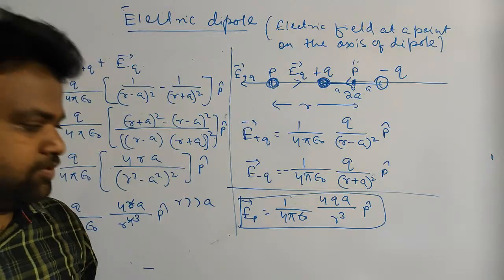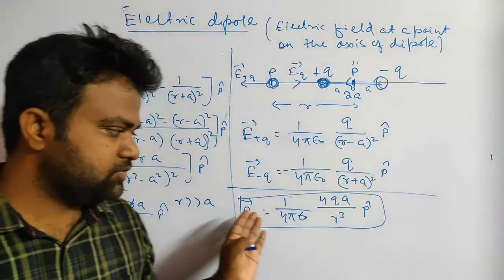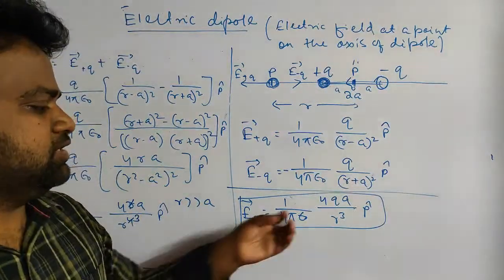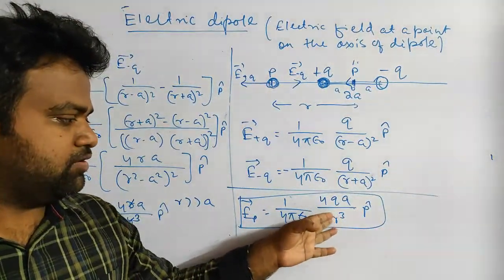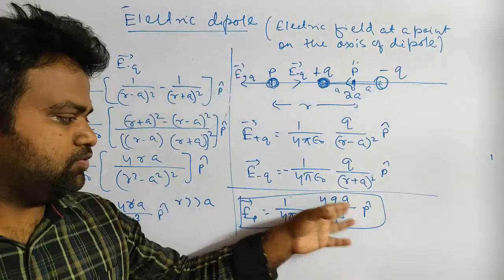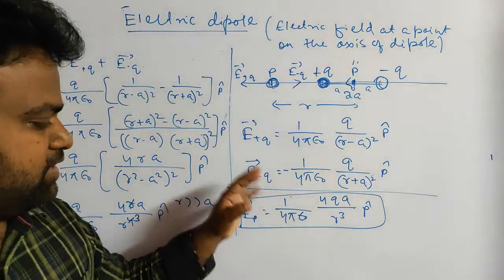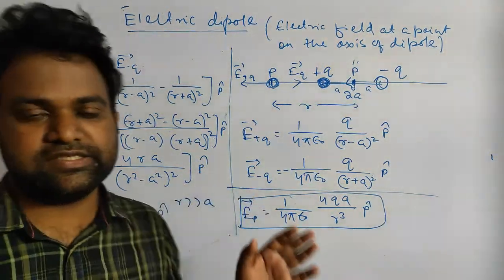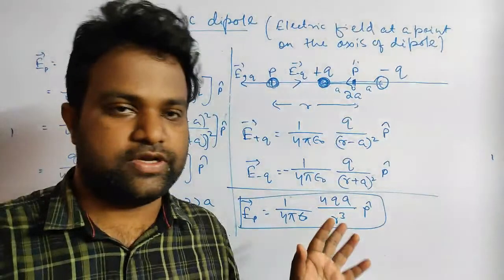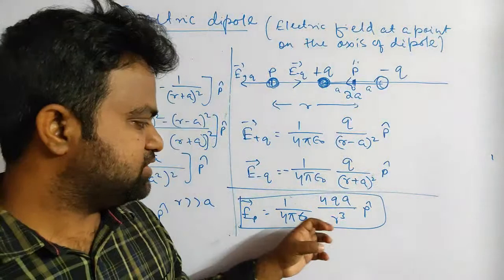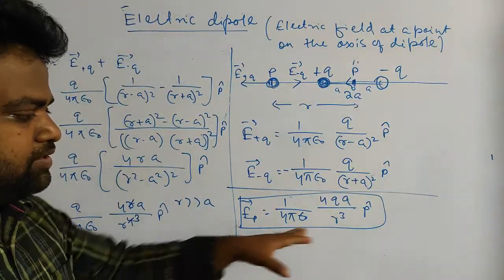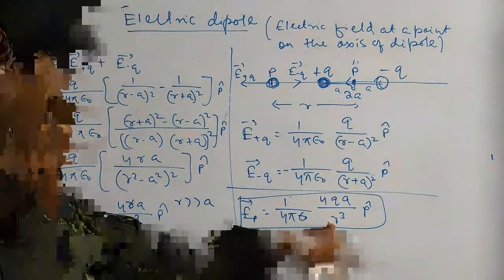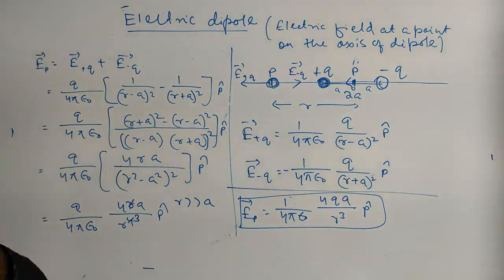Now you can see for a dipole the field strength is decreasing with 1 upon r cube, okay, but generally the field strength decreases with 1 upon r square. So the field strength is decreasing faster in case of a dipole than a single point charge. Dipole means 1 upon r cube, okay.